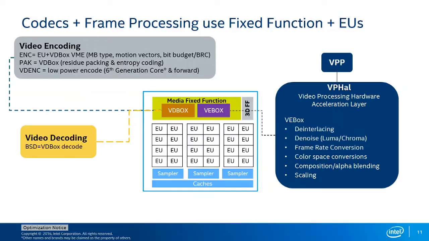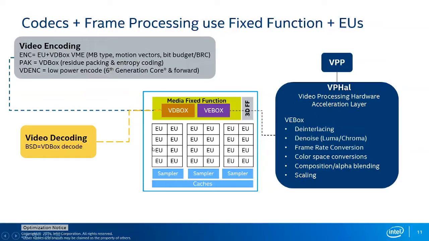So the Enc is the motion search, which is also a macro block type, motion vectors and sometimes bitrate control. Then there's the Pack, which is kind of the end part of the encode, which is the bit packing and entropy coding. And now we do have a path that doesn't even need to touch those EUs.